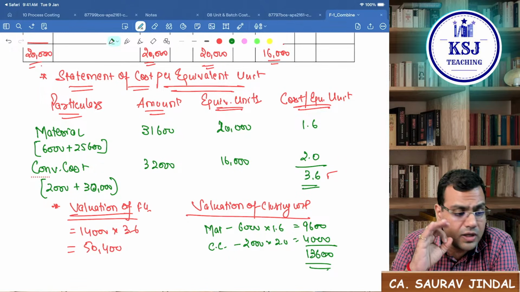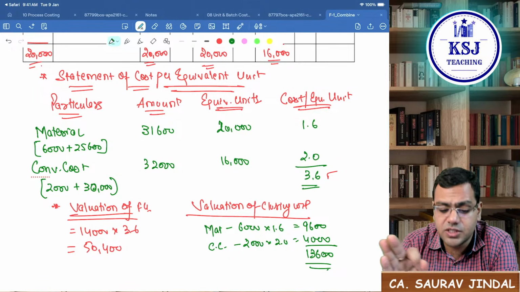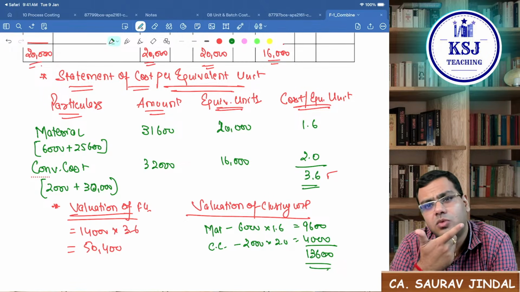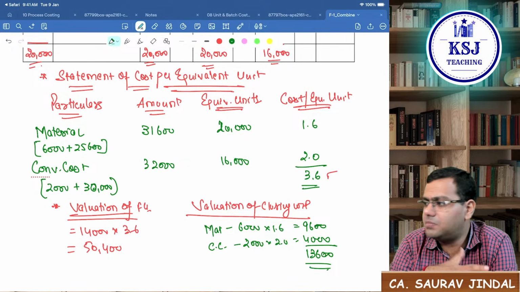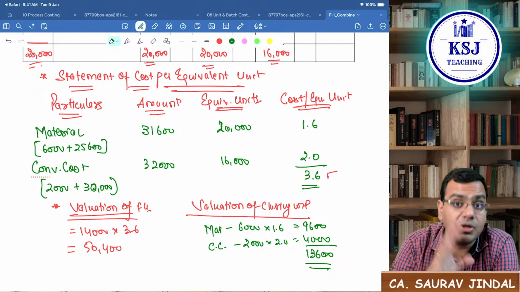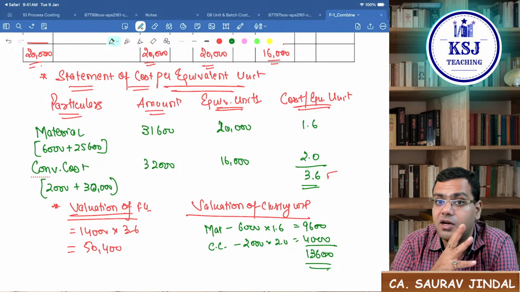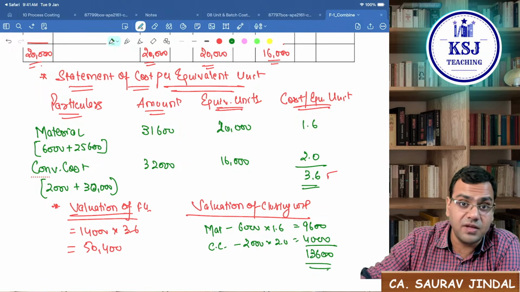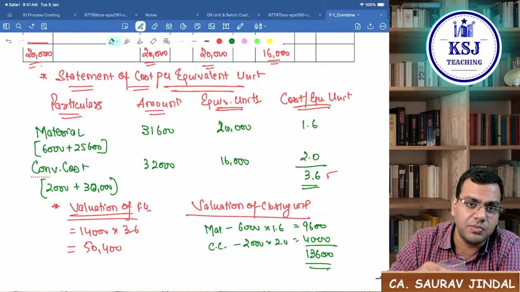Now, in all the questions of process costing, the methodology remains the same. And almost I can say 80 to 85% of the times you are getting a question on this: statement of equivalent production, statement of cost per equivalent unit, prepare process account. So on this only you will get the question, 80 to 85% of the time. Rest of the times it can be on the process accounts.